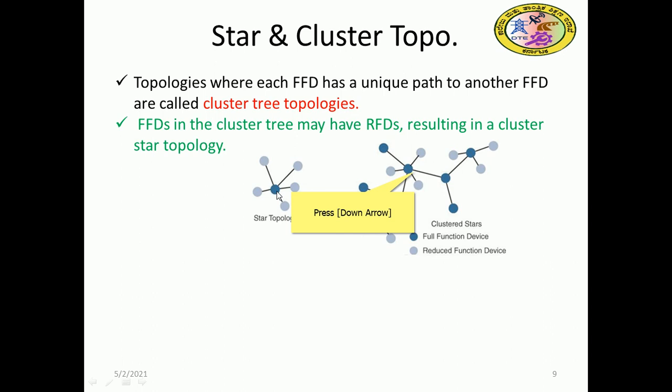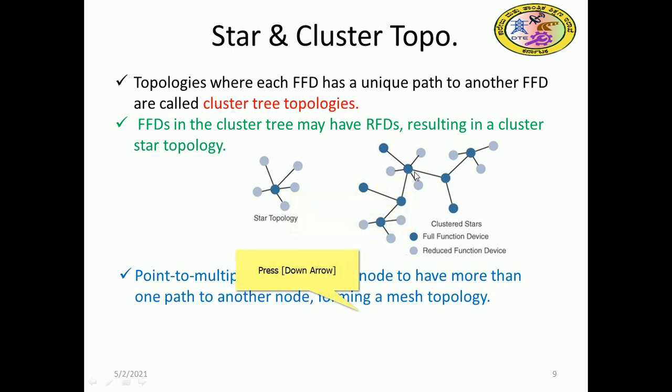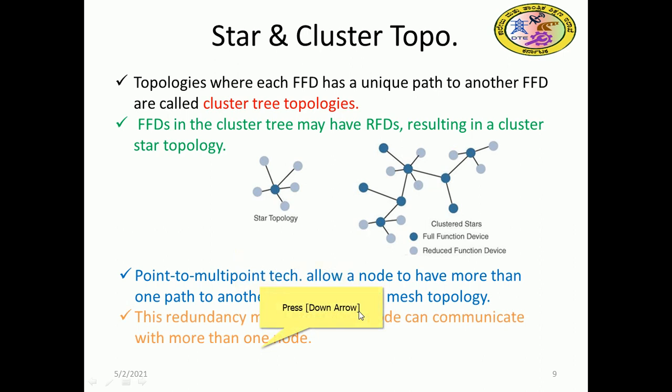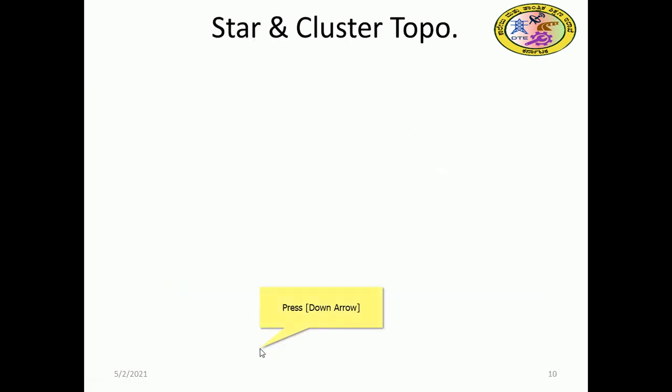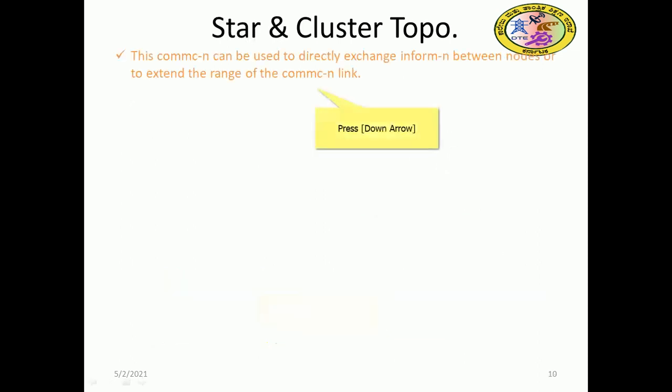So FFD can speak to FFD, and RFD cannot speak to RFD directly, so you have to speak via FFD. So point-to-multipoint technology allows a node to have more than one path to another node, forming a mesh topology. Redundancy means each node can communicate with more than one node. That is a redundancy.